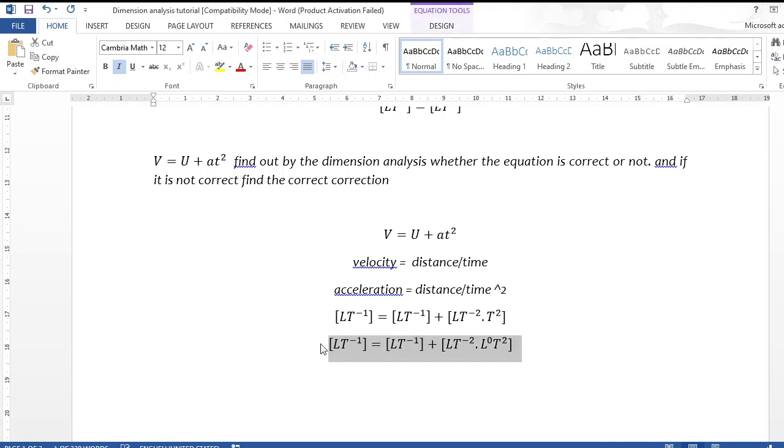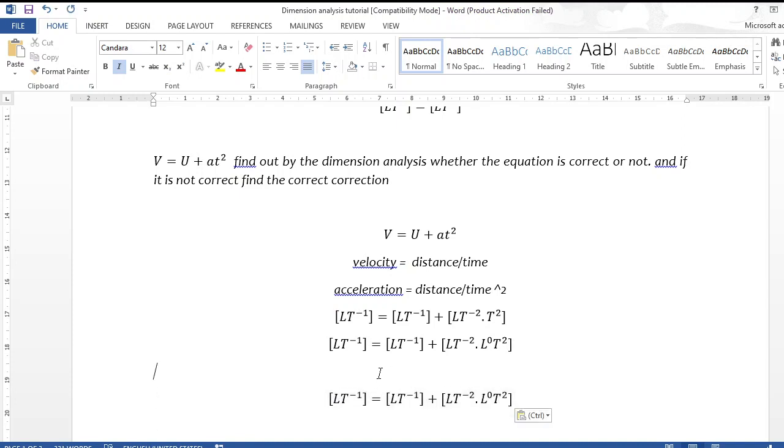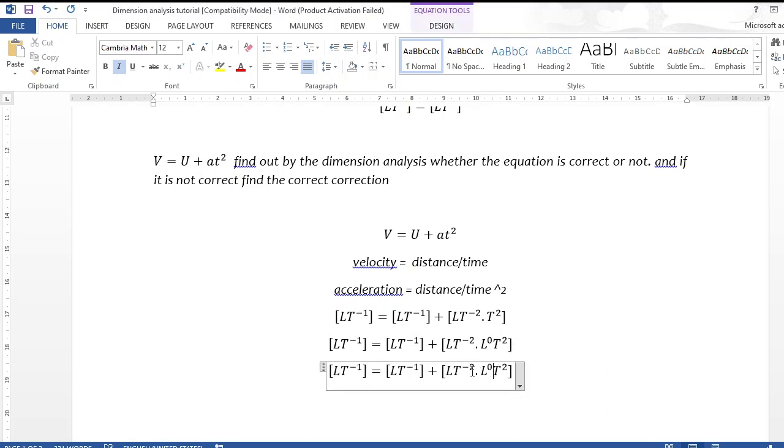Now, if you look here, we have the same base and are multiplying L to the power 1 times L to the power 0. If these are multiplying, we said you add the powers. So we have a power of 1 plus 0 for the other variable, so 1. And for time, if these are multiplying, you add the powers.